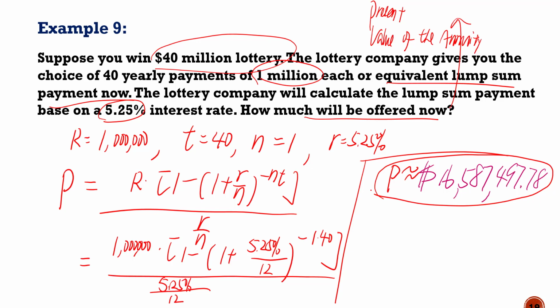If you have $16,597,497, you can go to the market and find a brokerage firm that can give you a better return than 5.5%, and in 40 years you end up with more than $40 million, maybe 50 or 60 million. So you have more growth potential by finding a better brokerage firm out in the market.